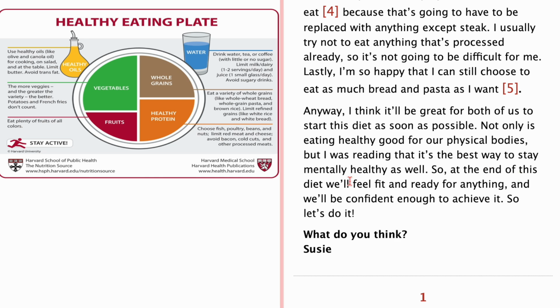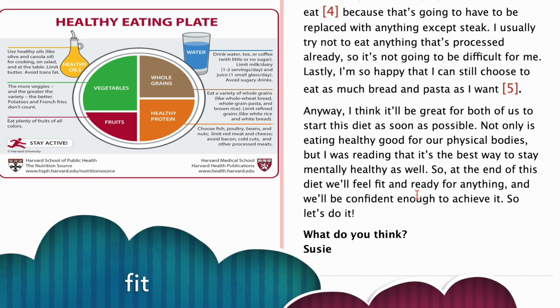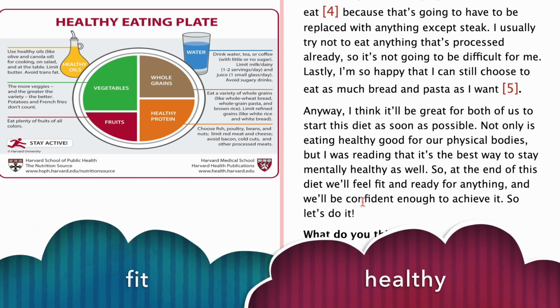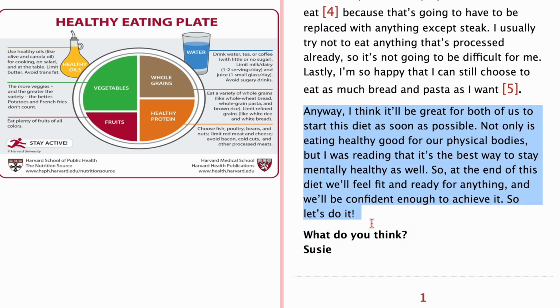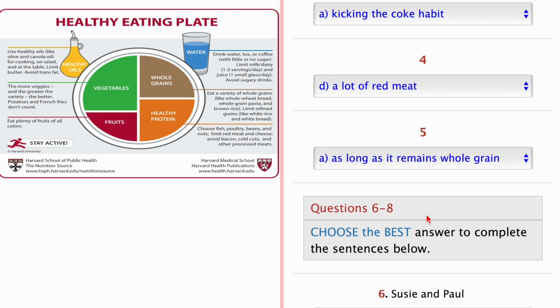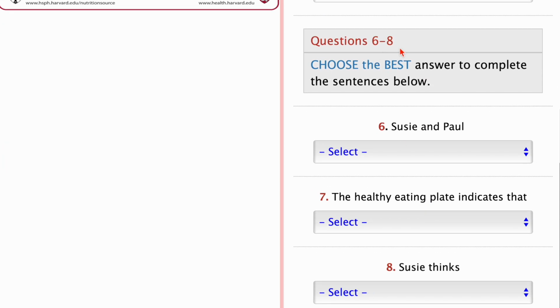So at the end of this diet, we'll feel fit and ready for anything, and we'll be confident enough to achieve it. So let's do it. Well, this sounds very positive. I want to start this healthy eating plate myself. Okay, so Susie is feeling confident about this new diet plan. Very interesting. So now let's look at question 628, which is about the email.